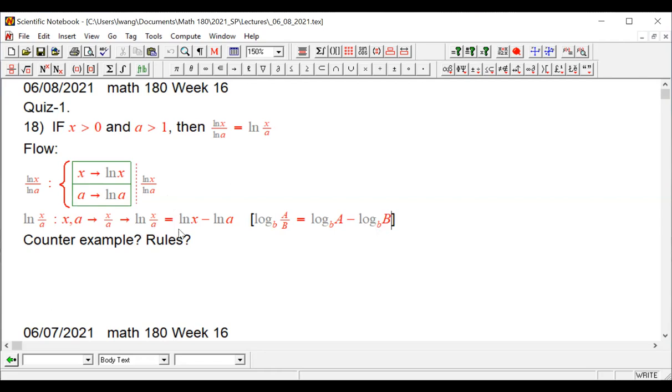So then the question is, is ln x minus ln a the same as ln x divided by ln a?